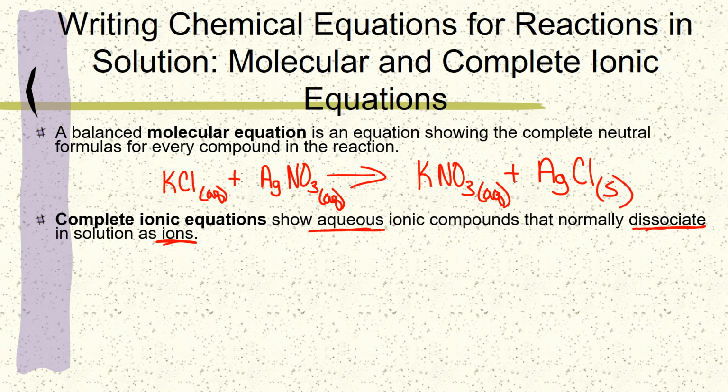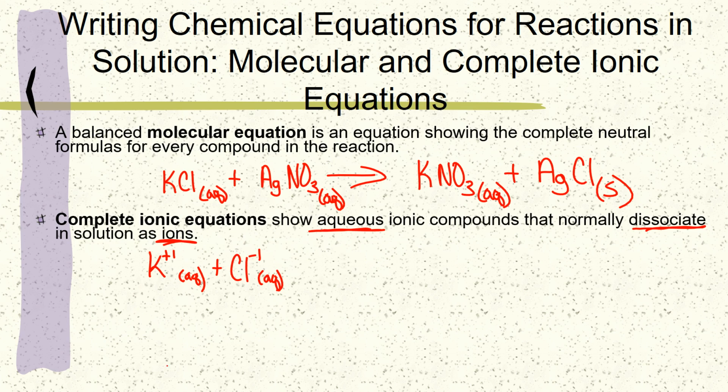So when I'm going from my molecular equation to my complete ionic equation, anything that says aqueous, I'm going to break it up into ions. So I'm going to write it, and it's going to seem like it's long. It is longer, but I would say that's potassium plus 1, and I'm going to write aqueous by it. I have a chlorine in that compound, so I'm going to say chloride minus 1 aqueous.